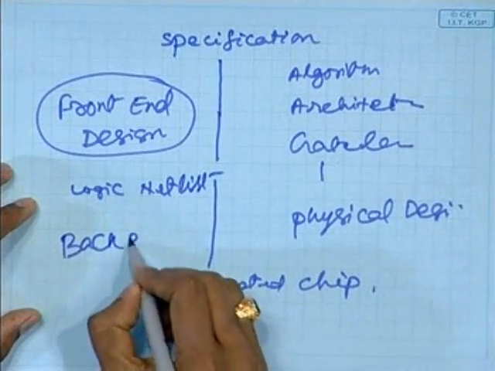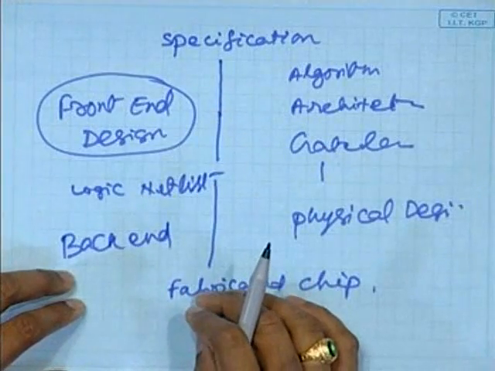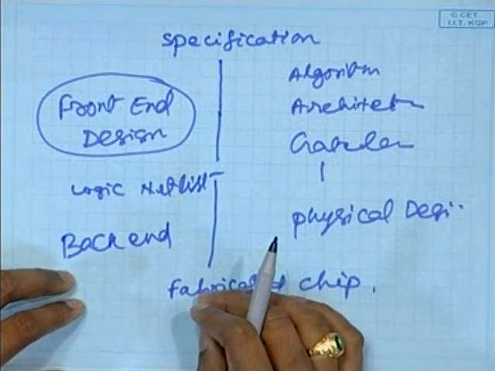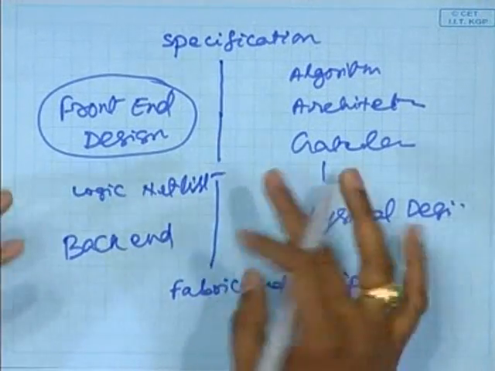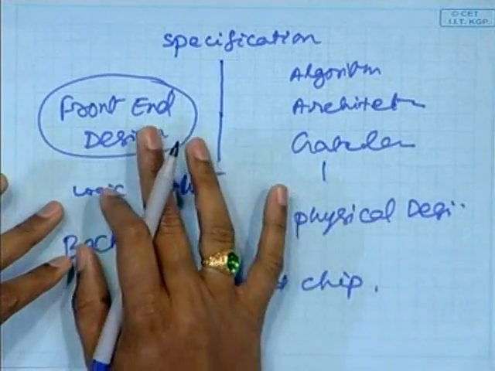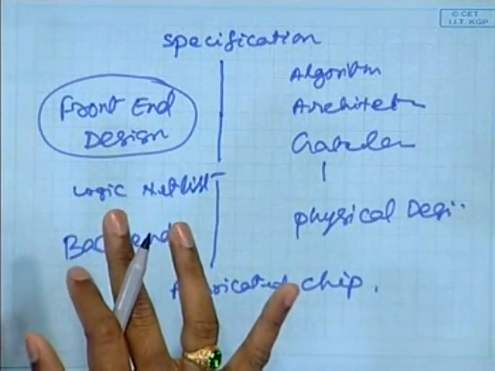Before that, I forgot to mention FPGA. What I talked about, the front end design and the back end design, is specifically the ASIC flow, right? In the FPGA flow, it is very similar. The front end design is similar to the ASIC design and FPGA, only the difference is the backend design.